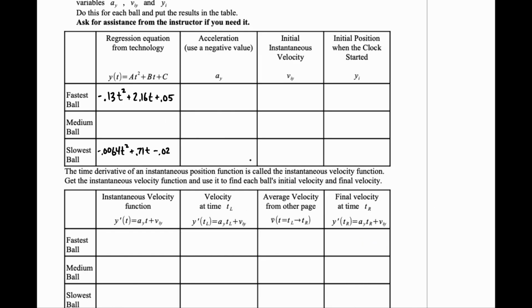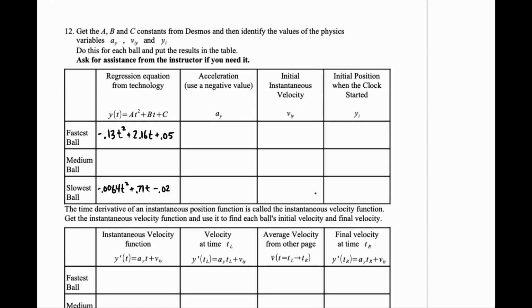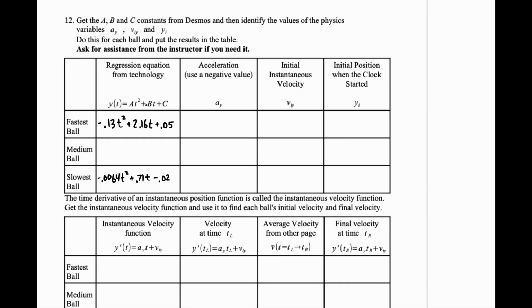Alright, so next thing you want to do is just determine what the acceleration is from that result. The thing about the quadratic though is we want to match it up with what we know the formula to be for constant acceleration, which is y = 1/2 a t squared plus v_iy t plus y_i.